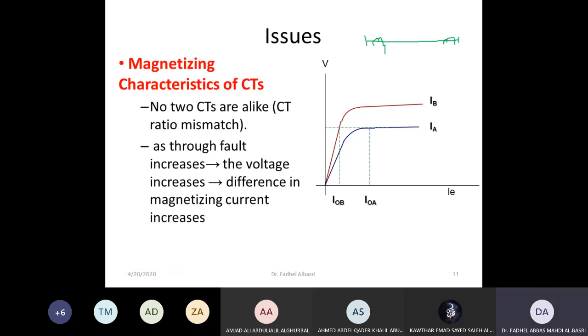now at this CT output here, I have one branch with the magnetizing current, right? This is IE1, and the secondary here also has current IE2.